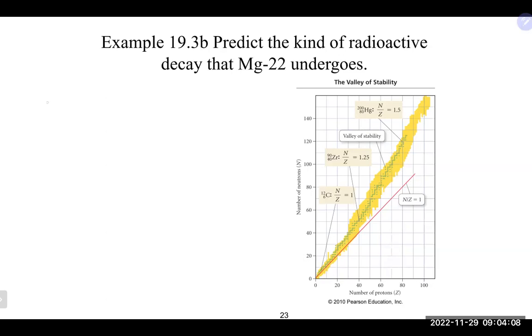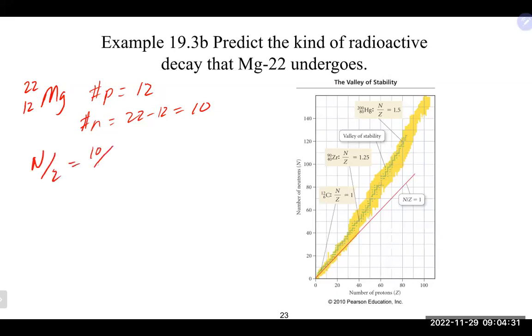Okay, let's take a look. So magnesium-22. Again, we could go to the periodic table there and find 12 as our atomic number. That means the number of protons there would be 12. Our number of neutrons would be our mass number minus our atomic number, which would be 10 in this case. So our N to Z ratio would be 10 divided by 12, which gives you 0.8333. In this case, we have an atomic number of 12, which falls between the 1 to 20 range, and an acceptable ratio would be a ratio of 1, which would be stable.